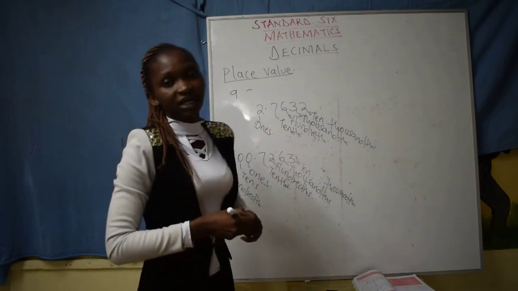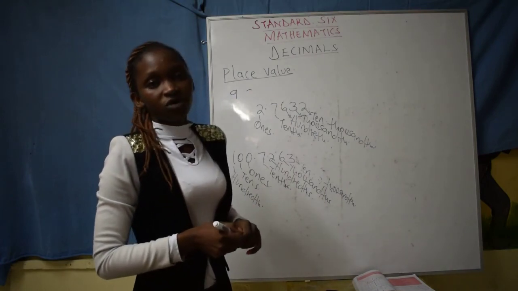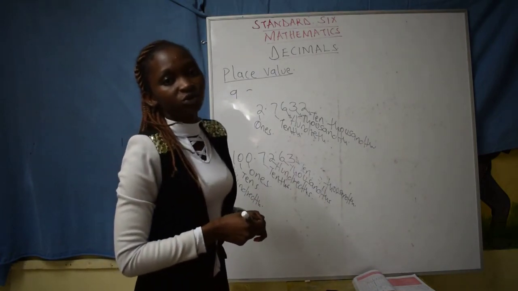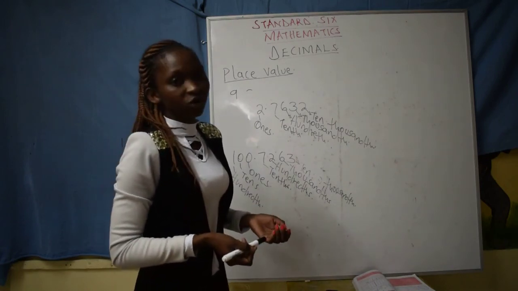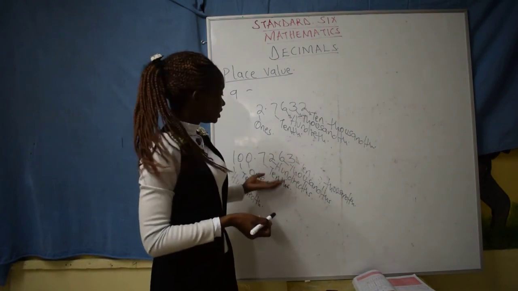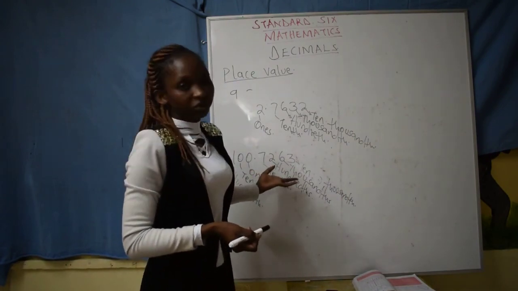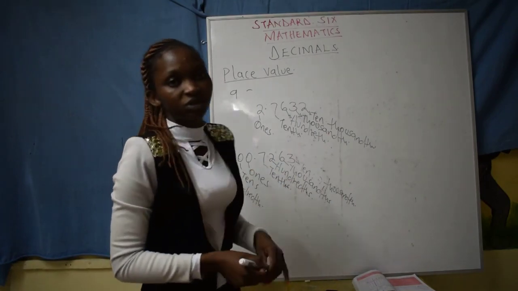In our next lesson we are going to discuss the rounding off of decimals, either to one decimal place or 2 or 3 decimal places, having known the place value of digits in decimals, not only in whole numbers. So thank you.